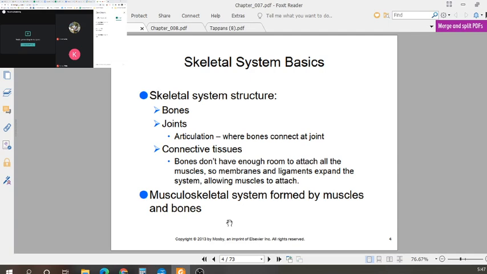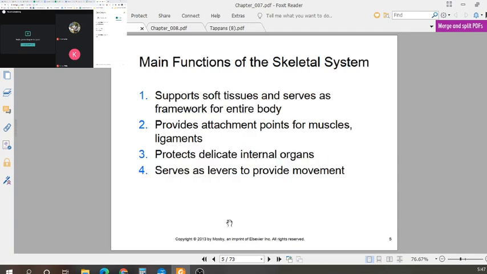The major functions of our skeletal system is support of our soft tissue, so it's the frame or hanger of the body. Everything attaches and hangs off our skeleton. There are attachment points for both ligaments and muscles. You'll be learning about those later.